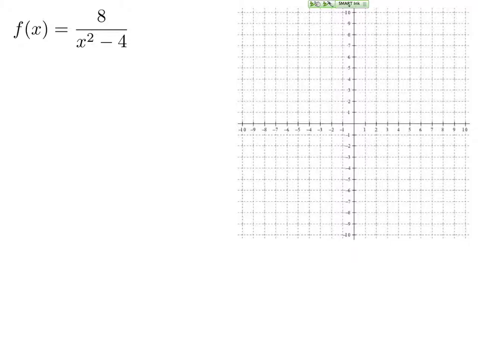So what do we want to do to get started? Factor the bottom. Okay, so that tells me what? Vertical asymptotes are x equals 2 and x equals negative 2.